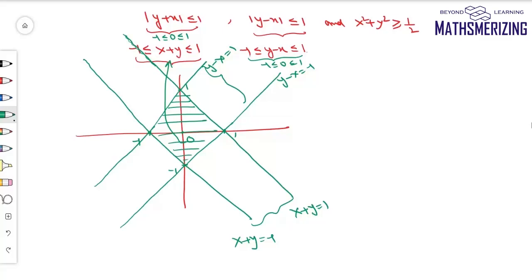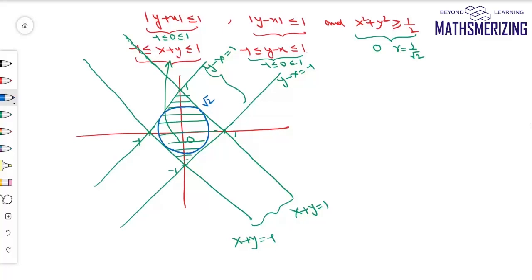Now we'll come to the third one, and the third one is x square plus y square is greater than or equal to 1 by 2. So now it represents a circle with center at origin and radius as 1 by root 2. The side of the square is under root 2. And if I draw a circle with center at origin and radius as 1 by root 2, this circle will touch all the four lines.